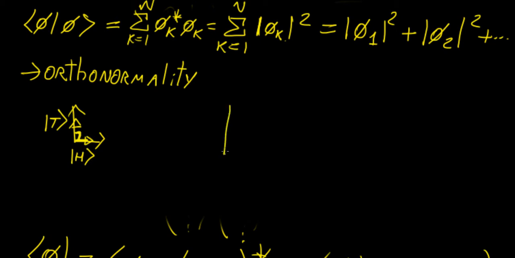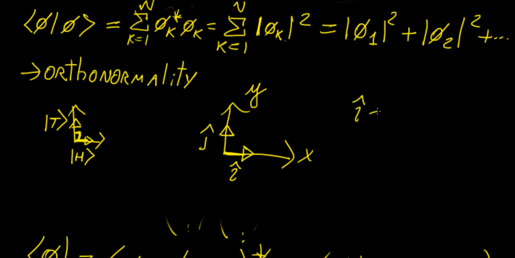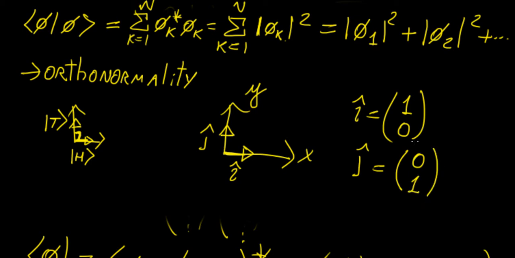So if we take a regular vector on the xy plane, we have two basis vectors. The first one is called i hat, and the second one is called j hat. And we know for a fact that if we represent each unit vector in terms of two elements on this 2D plane, then each of these is only going to exist in one direction.